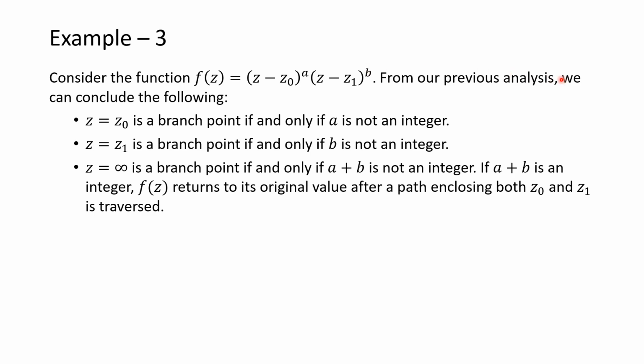From our previous analysis, we can conclude that z₀ is a branch point if and only if a is not an integer, and z₁ is a branch point if and only if b is not an integer, and the point at infinity is a branch point if and only if a + b is not an integer. If a + b is an integer, f(z) returns to its original value after a path enclosing both z₀ and z₁.